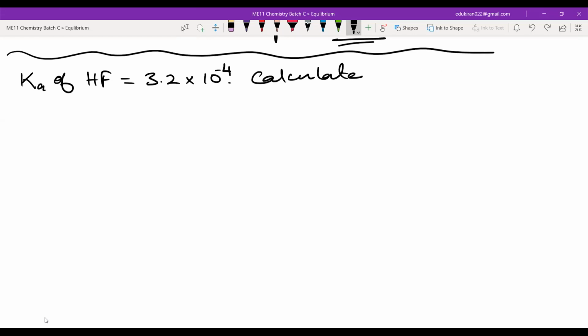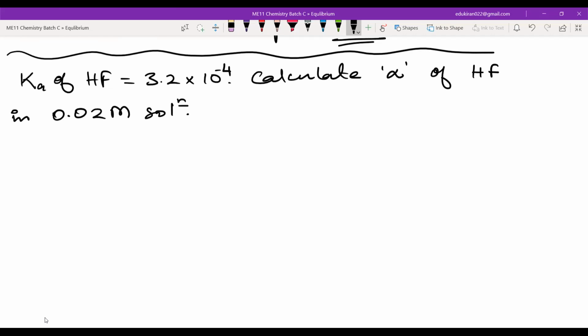Degree of dissociation means alpha. Calculate alpha of HF in 0.02 molar solution. Okay, so this 0.02 molar solution is also of what? It's also of HF only.